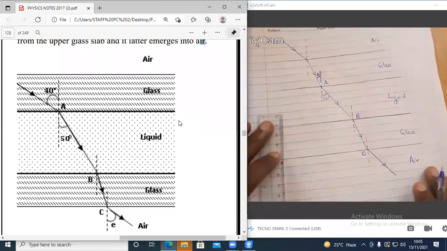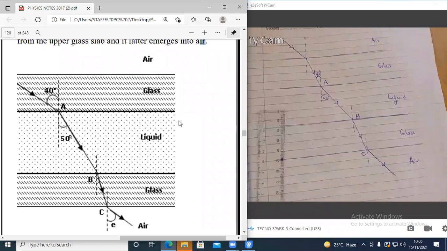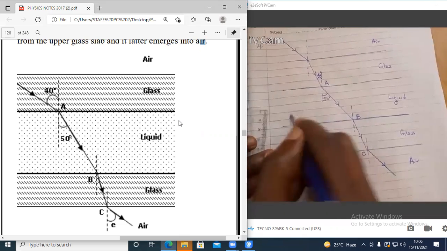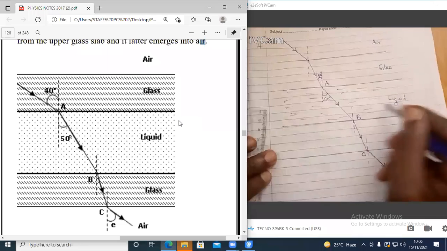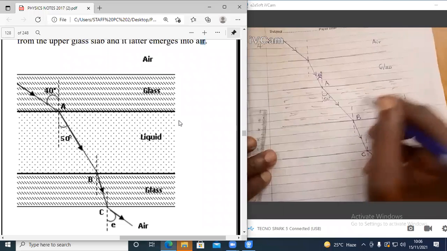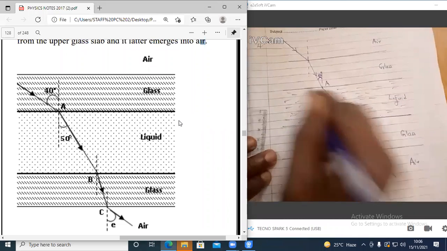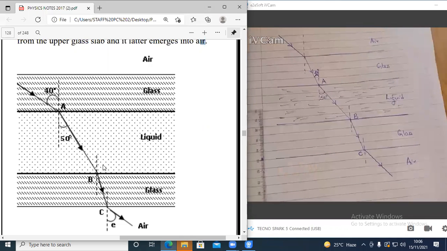Members, have you seen that? This is our liquid. Just to show that it is a liquid, I can put something like that.